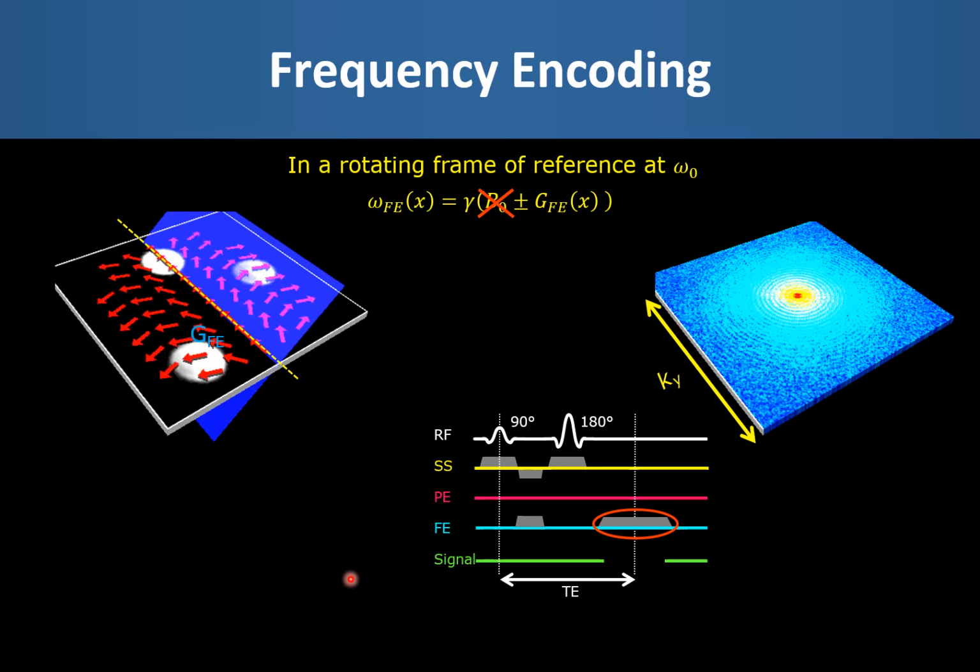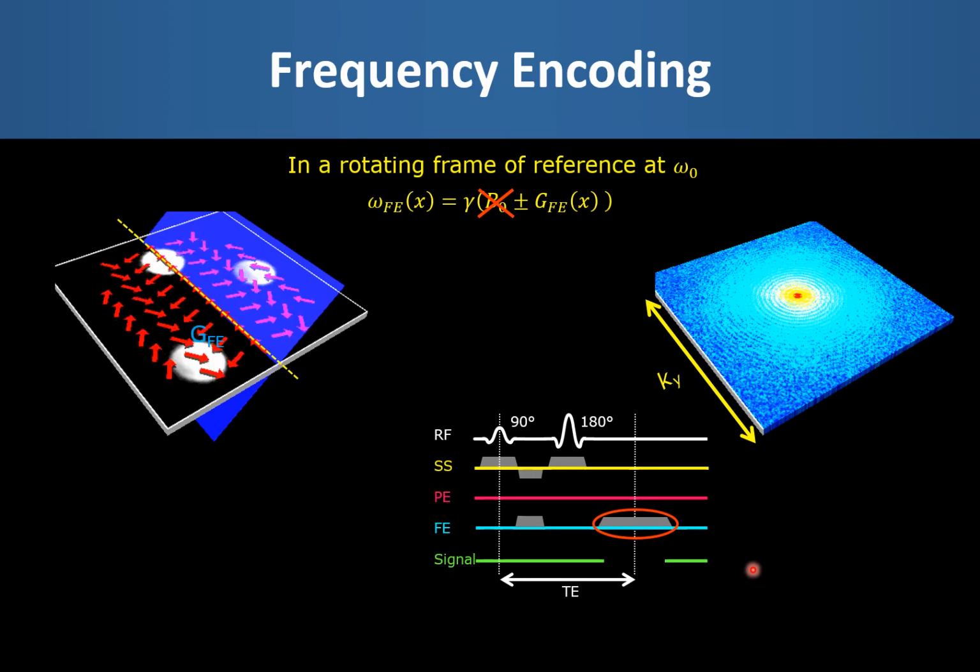We arrange the timings of the gradient pulses such that the frequency encoding gradient, shown here, occurs at the same time as the spin echo is formed and also digitized.